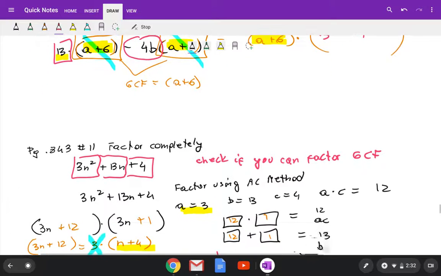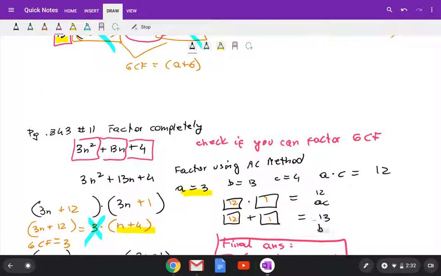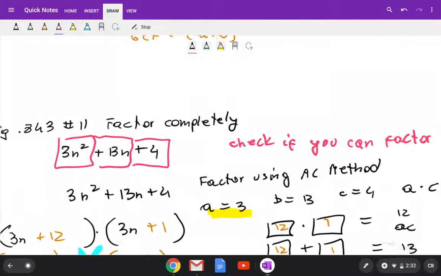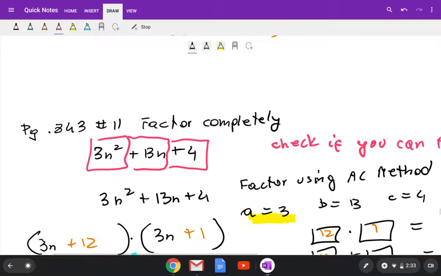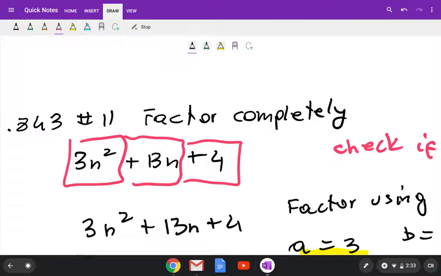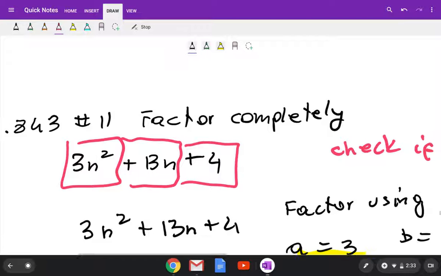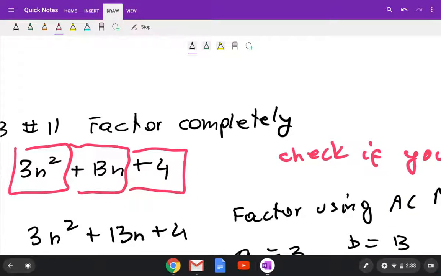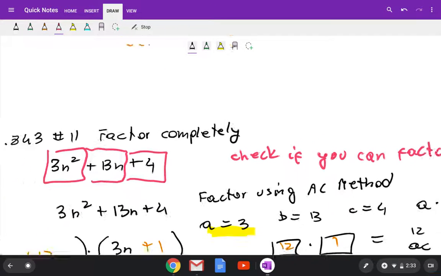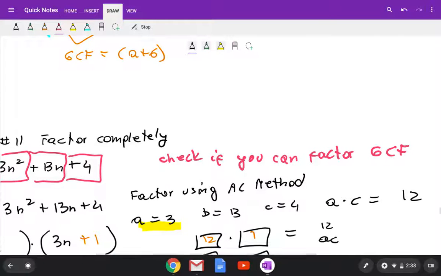Next problem of the review was the problem from page 843, number 11. They're asking you to factor 3n squared plus 13n plus 4. So this is definitely a quadratic equation. So first, what you always do, you always check first if you can factor GCF.